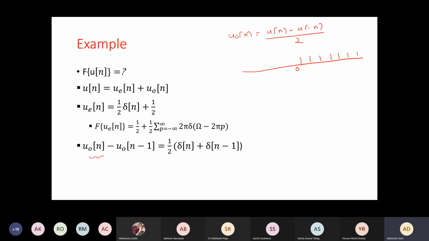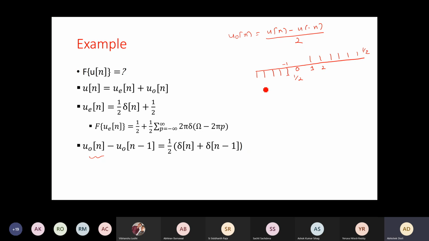You know that at n equals 0, there will be 0, right? And then we will have this. And the amplitude here is half. So this is U odd n.